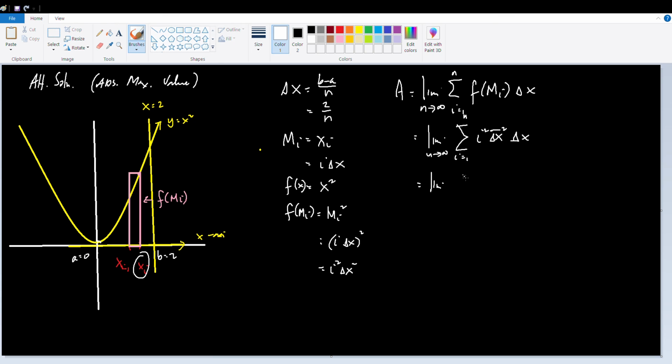So the limit of the sum of i squared delta x squared times delta x is delta x cubed.